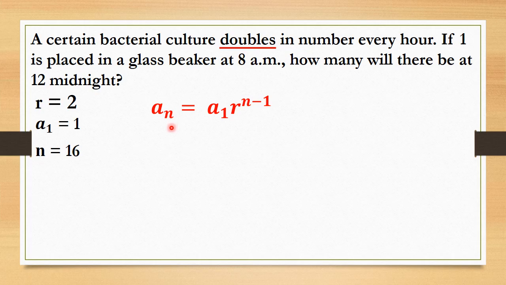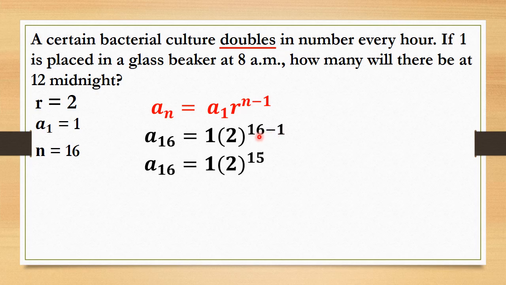So, substitute A sub n, we have A sub 16 is equal to A sub 1, 1 times the common ratio 2, raised to n minus 1, and that is 16 minus 1. So, 16 minus 1, we have 15. So, simplify. A sub 16 is equal to 1. Then, multiply 2 fifteen times, we have 32,768.